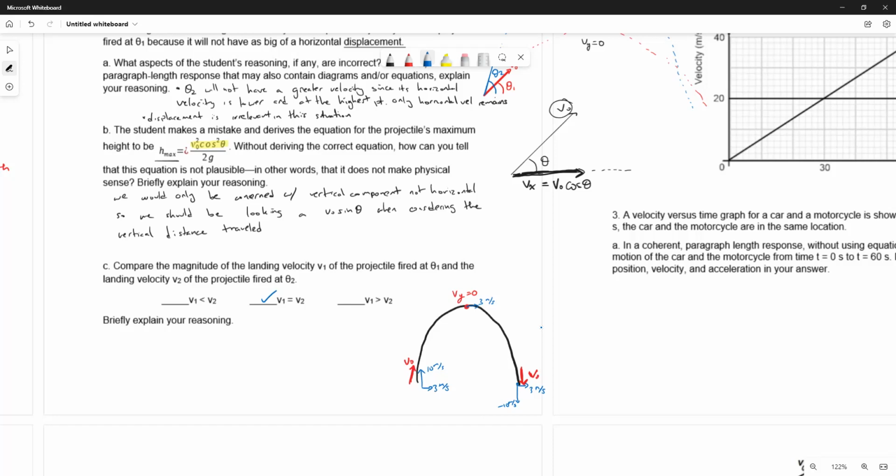The reasoning here is that as the projectiles travel vertically, they lose and then gain back their vertical speed.